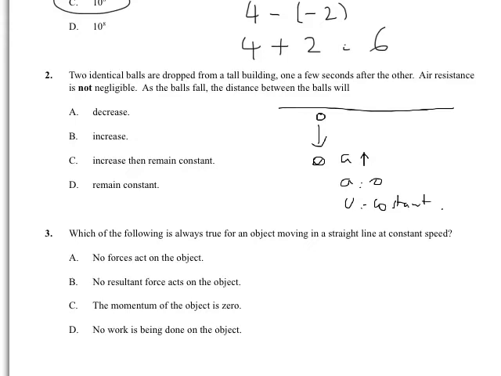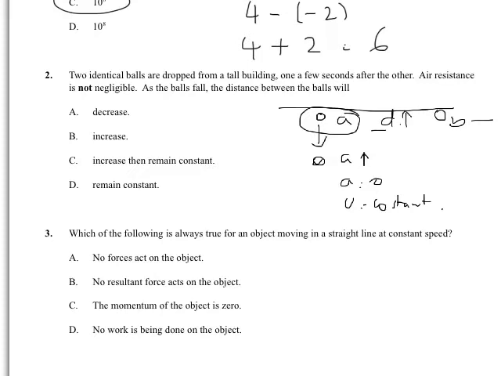Okay, the other ball, which starts its journey a little bit later, will do exactly the same thing. So there'll be a time at the beginning where both balls, A and B, are accelerating. Now, A will initially be accelerating at a larger rate than B, so initially the distance will increase.